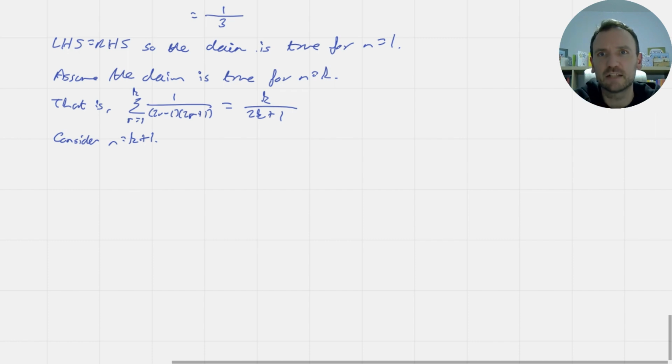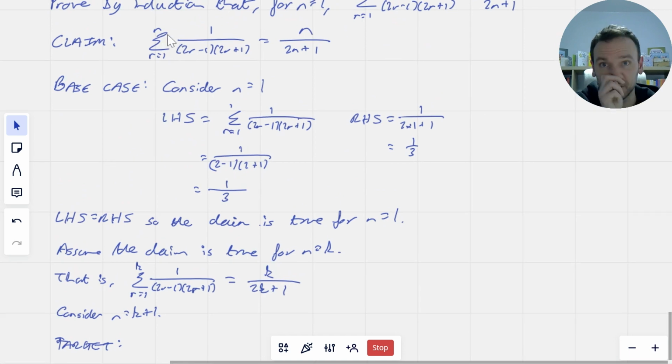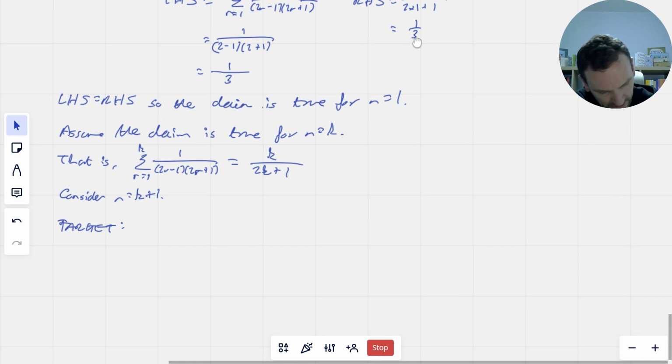And let's write down what we're hoping to see. This next line, you can get away without writing, but it's really useful to see what we're trying to aim for. So our target: we look at our claim and replace any n's now with k plus 1s. All the r's are going to stay as they are.